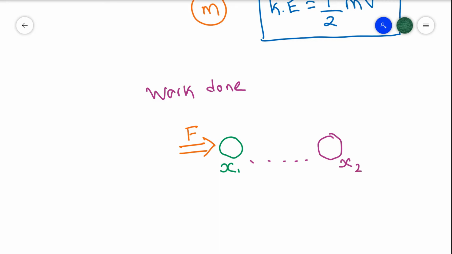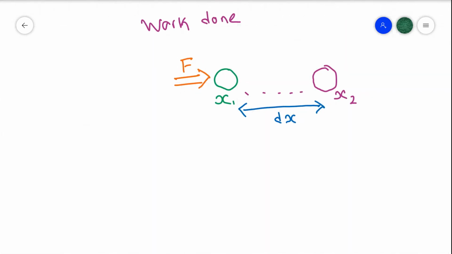So that would mean we have moved that object by a distance of dx. So with that definition, the work done on an object is going to cause the object to move. The work done when the object moves is going to be kinetic energy.